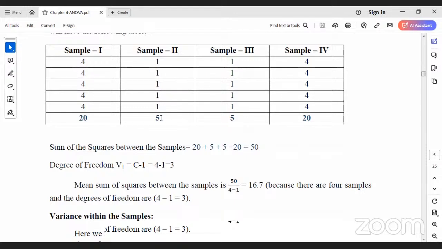Just look into that again carefully: sum of squares between samples, degrees of freedom, mean sum of squares.